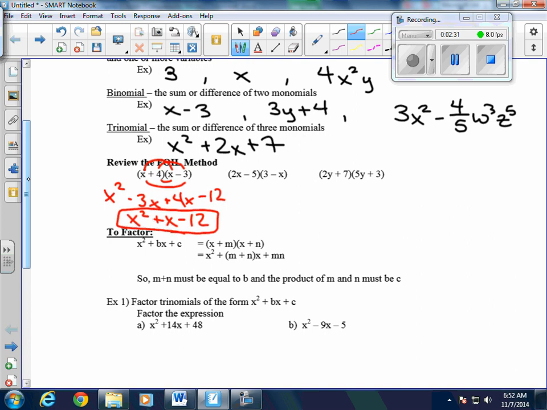So essentially what we did is we took these two binomials, we multiplied them together, and our answer now became a trinomial because we have like terms.